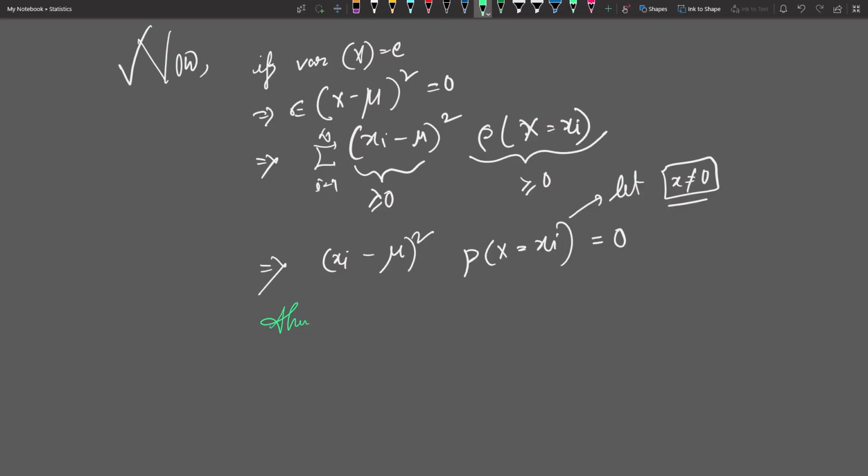Then (x_i minus mu) square is equal to 0. Then x_i minus mu is equal to 0 and x_i is equal to mu for all i.